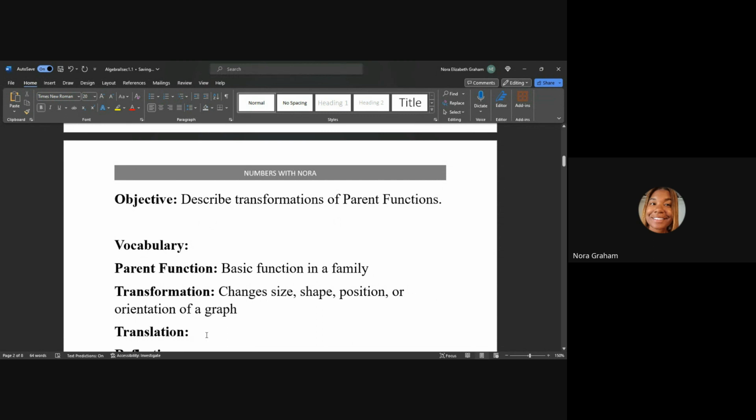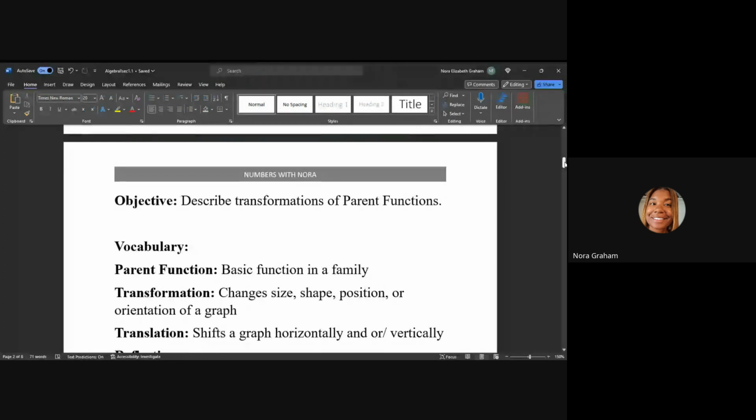A translation is going to be something that shifts a graph horizontally and/or vertically. Okay.